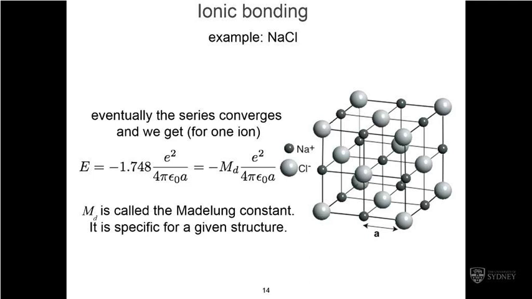You may have heard of that. It's unique for particular ionic crystals, and it also depends on the particular atomic structure that you have. But for sodium chloride, we have about 1.748.